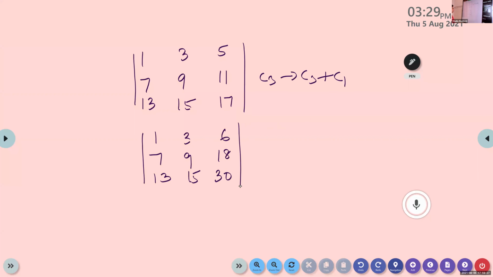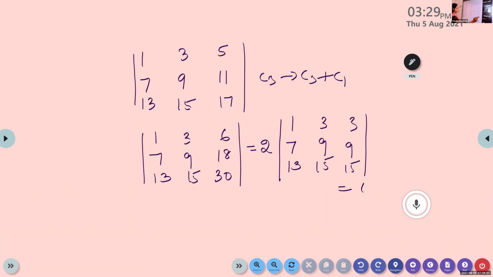Ma'am, I meant R3. You meant R3, but here you said C3, isn't it? Anyhow, look here, you will get the same. If I take 6 as common, 1, 7, 13, 3, 9, 15, 3, 9, 15. So will it become 0?